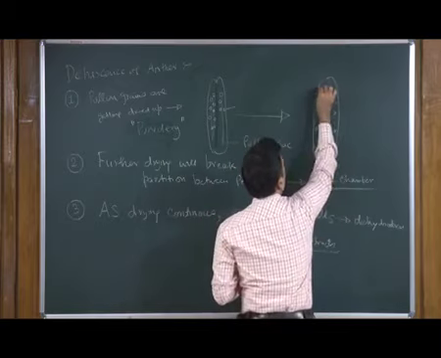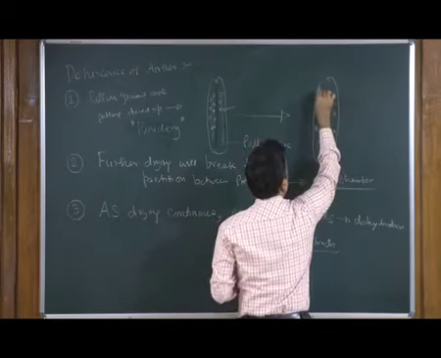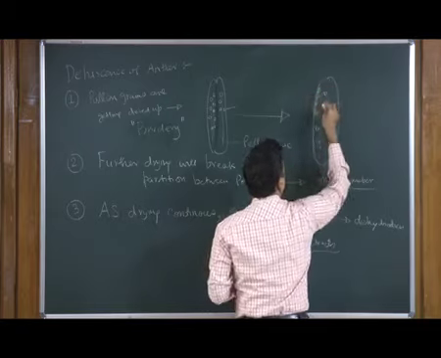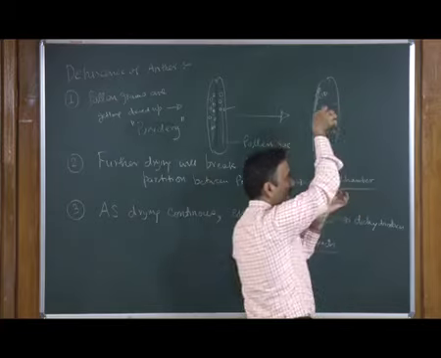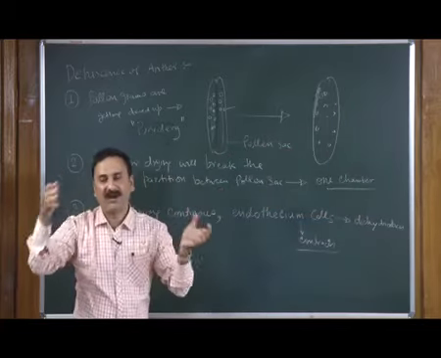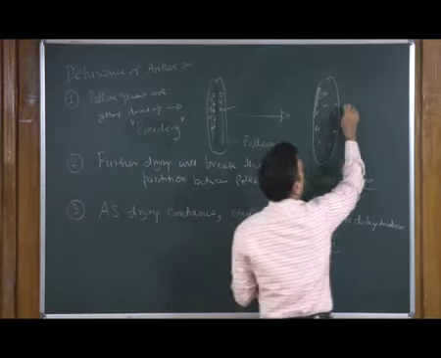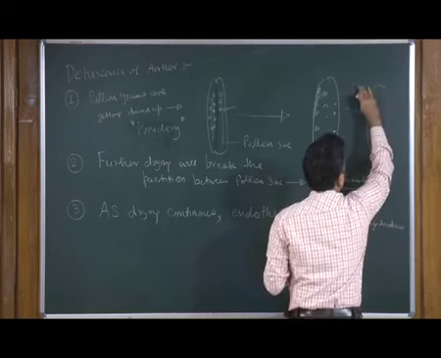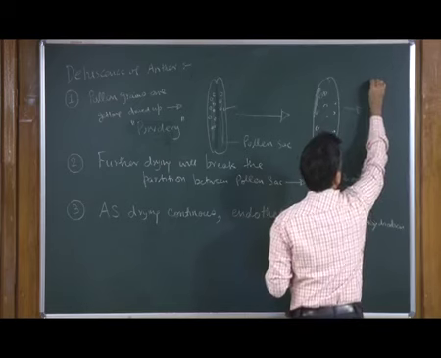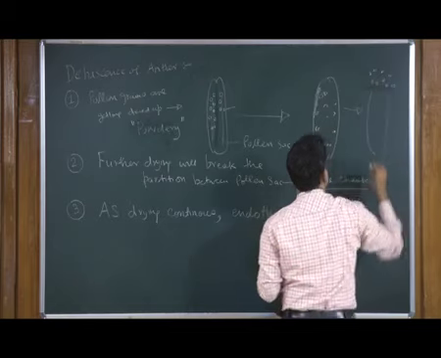You can imagine that the endothecium cells are present on the outer layer, and because of their contraction, this chamber is going to shrink or have an inward pressure, and because of that this chamber is going to be broken from the top, and as a result the pollens are going to be dispersed in the environment.